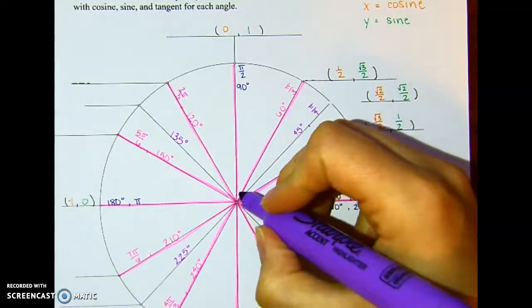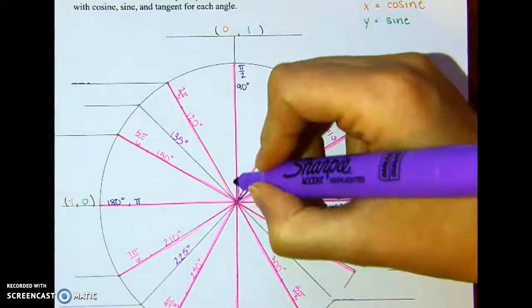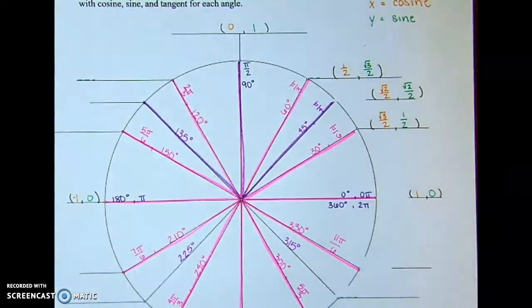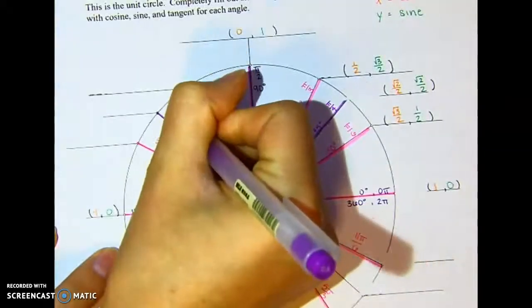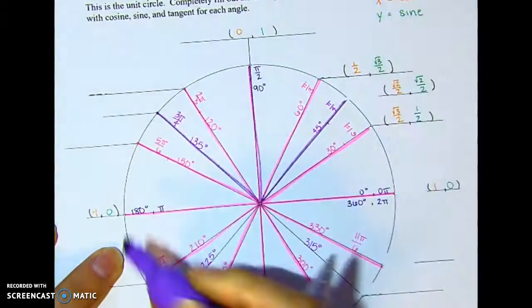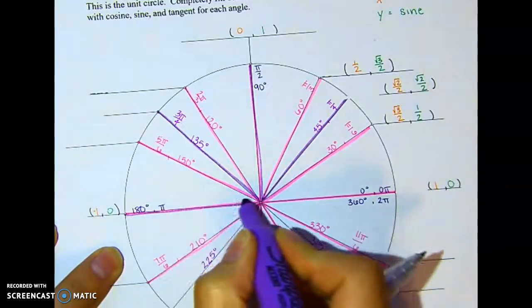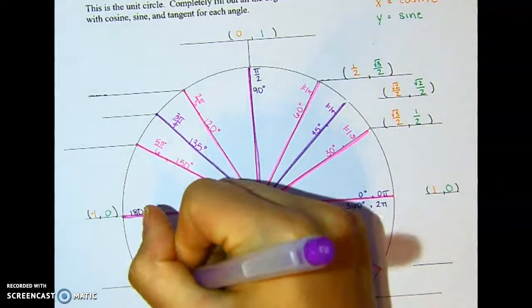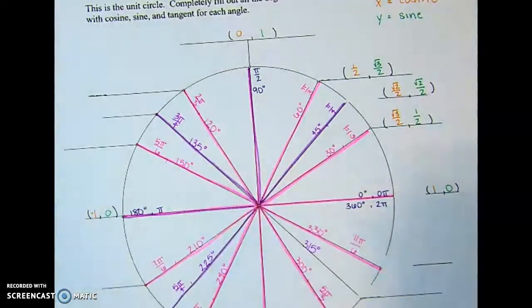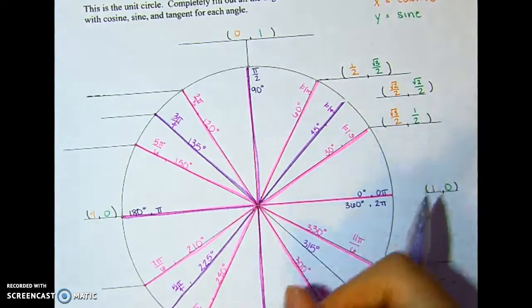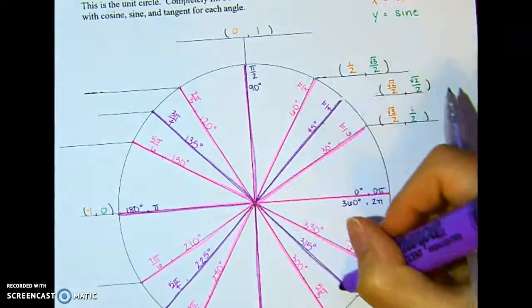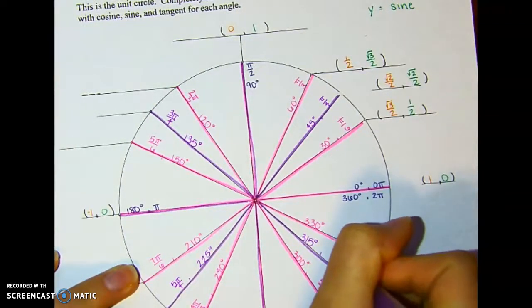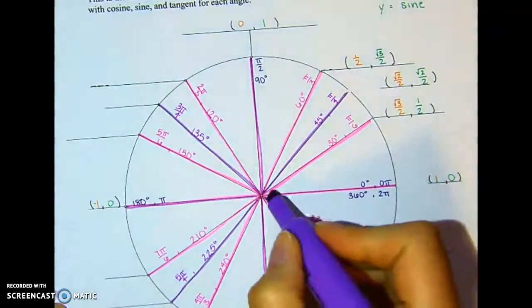So this is 1/4, 2/4, which reduces, 3/4, so 3 pi over 4, 4/4, or pi, 5/4, so 5 pi over 4, 6/4, 7/4, or 7 pi over 4, and then 8/4, or 2 pi.